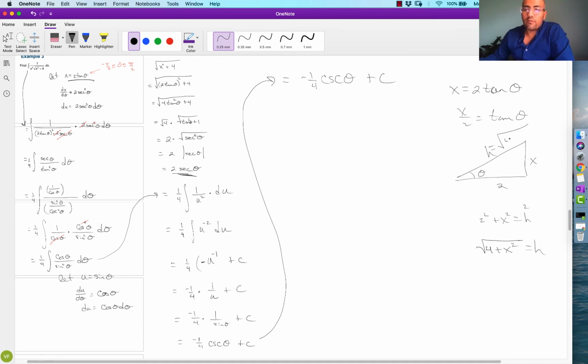Square root of 4 plus x squared. Okay, so sine is opposite over hypotenuse, so cosecant is hypotenuse over opposite. So this would be negative 1/4 times the square root of 4 plus x squared, all over x plus some constant.